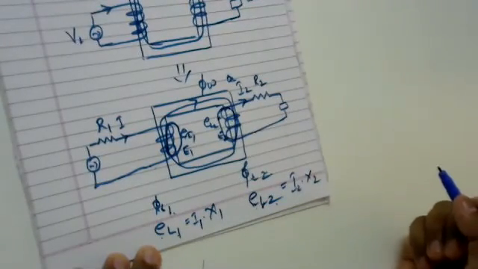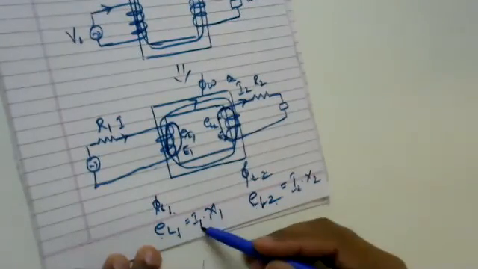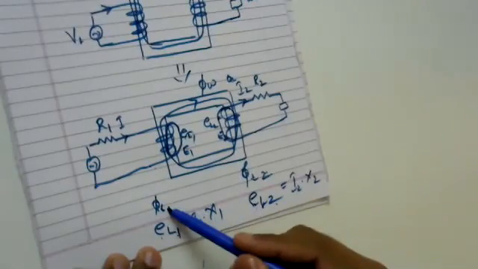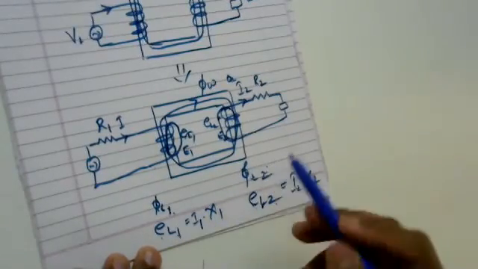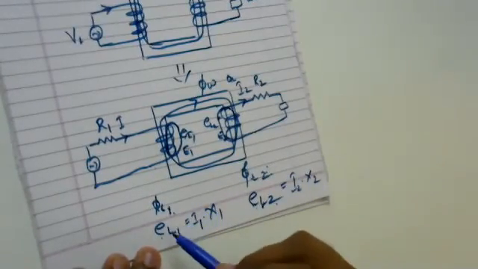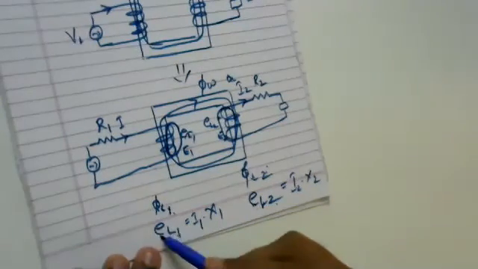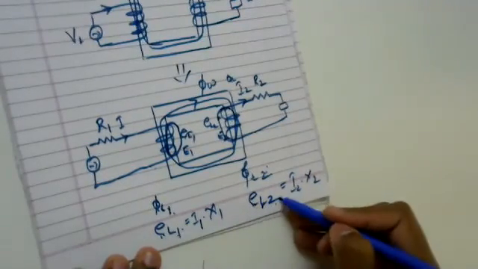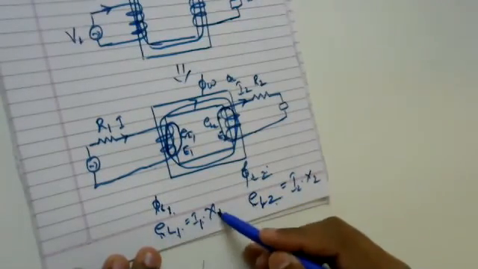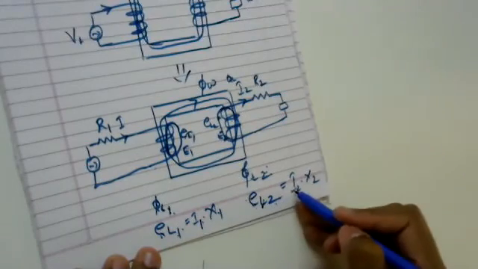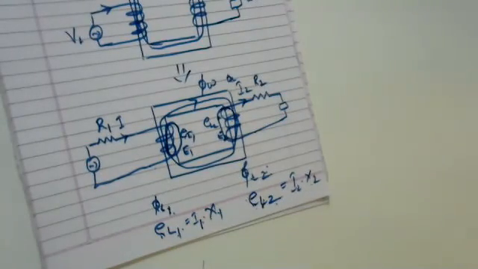Is it clear? So because of the leakage fluxes phi L1 and phi L2, we get the leakage EMFs EL1 and EL2, where EL1 is given by I1 into X1 and EL2 is given by I2 into X2.